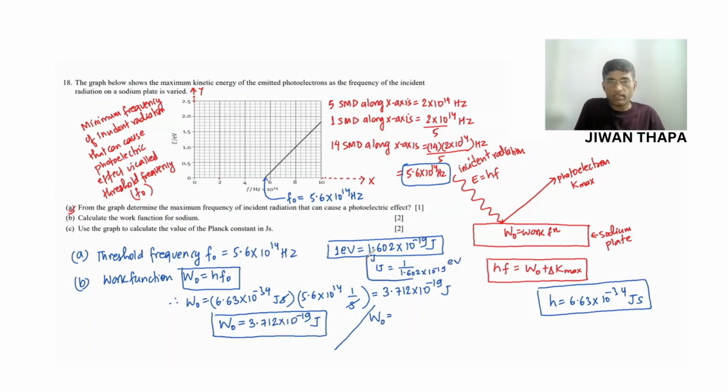Okay, so we have this. Therefore, from this equation, okay, W naught equals 3.712 into 10 to the power minus 19 electron volt divided by 1.602 into 10 to the power minus 19. Now let us find it. Okay.